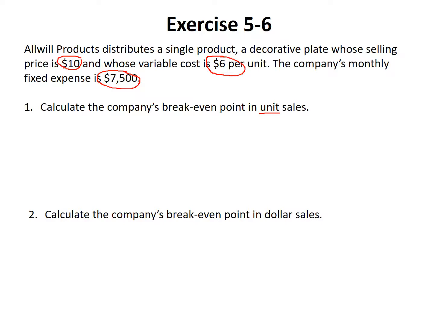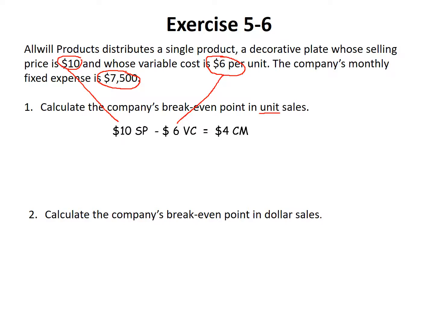So what we need to do is go to our break-even point in unit sales formula. Let's step through that formula in this practice set. First, we need to calculate the contribution margin. We take our $10 sales price and subtract the variable cost of $6 to produce and sell a unit.